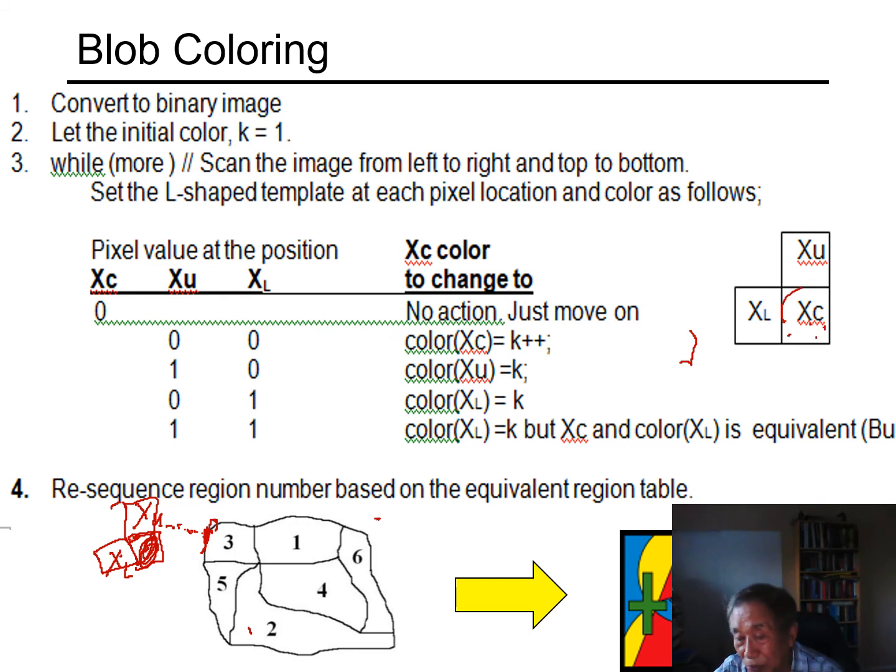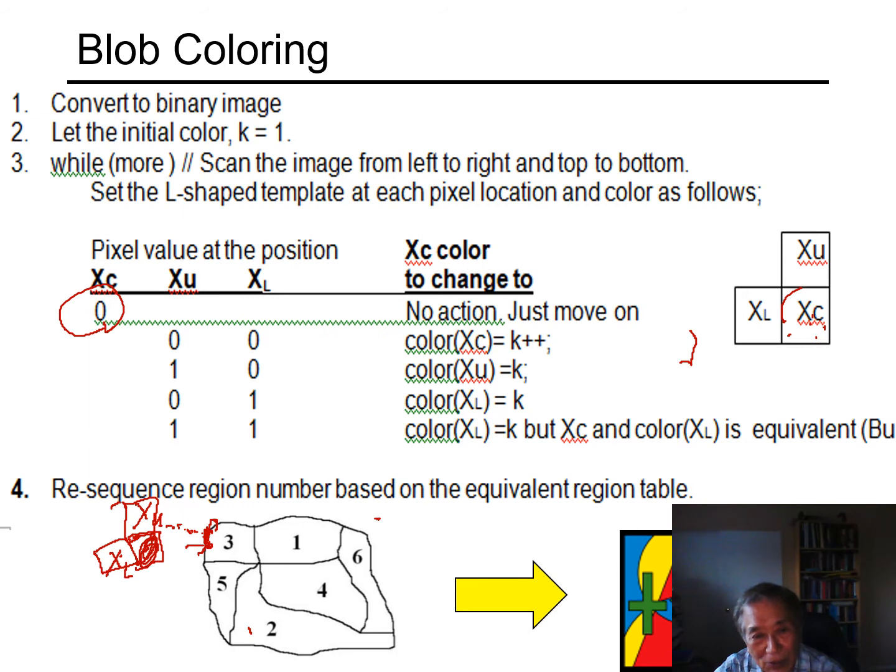This may be 0, meaning it is part of a region. If that's the case, then regardless of this value, the current pixel is definitely not part of a boundary. That is, we went on and our current pixel is not a boundary. That's what it means: x equals not a boundary. Then no action, just keep moving on.